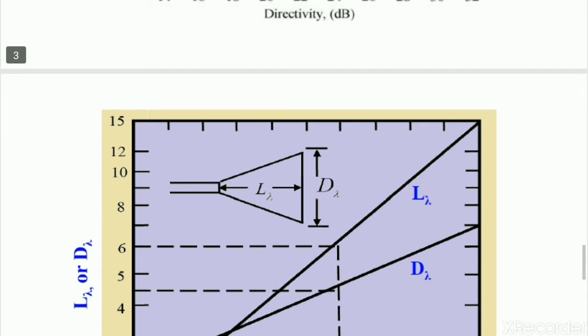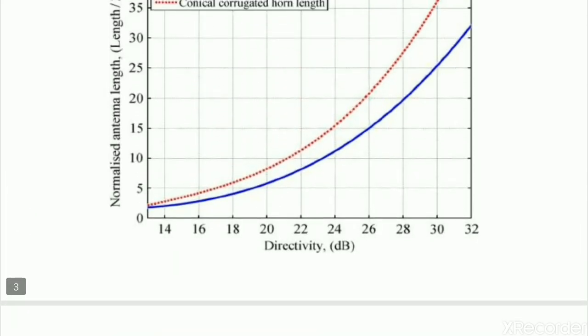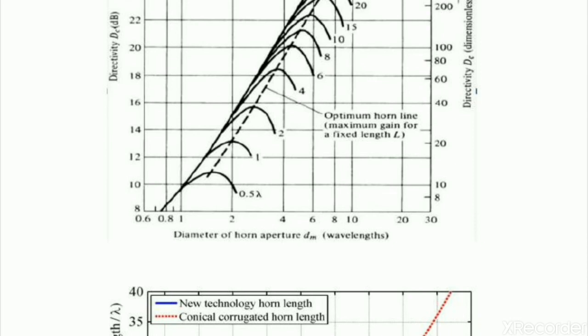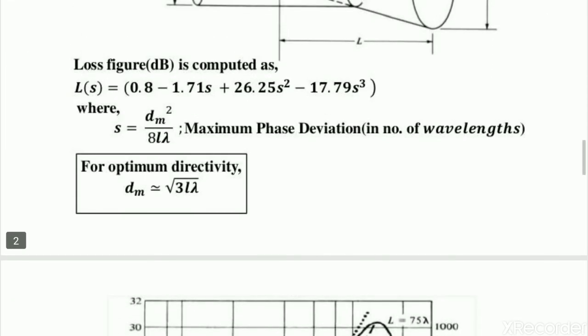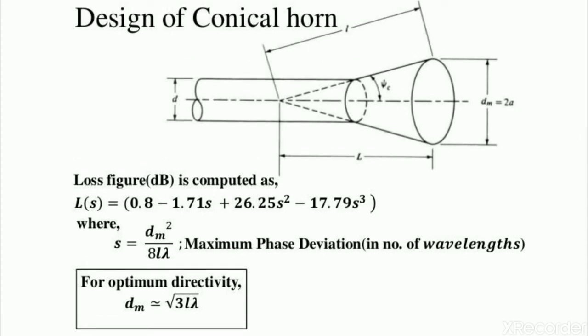So this is a very important part of the conical horn antenna, its relations, which are shown by these three graphs showing the directivity, gain, and aperture length relations. This is the basic design of the conical horn, which gives the equations for how to obtain optimal directivity with the help of the diameter of aperture and the loss figure.